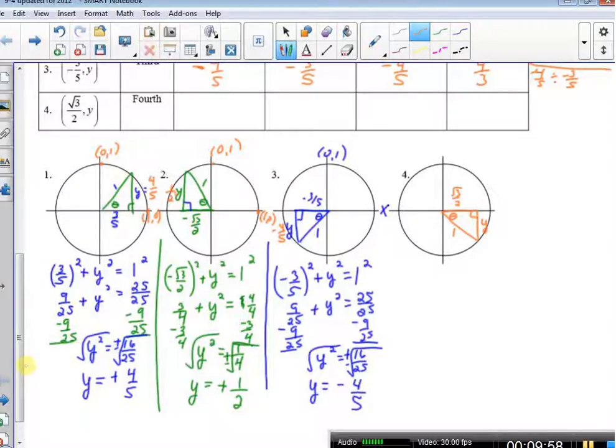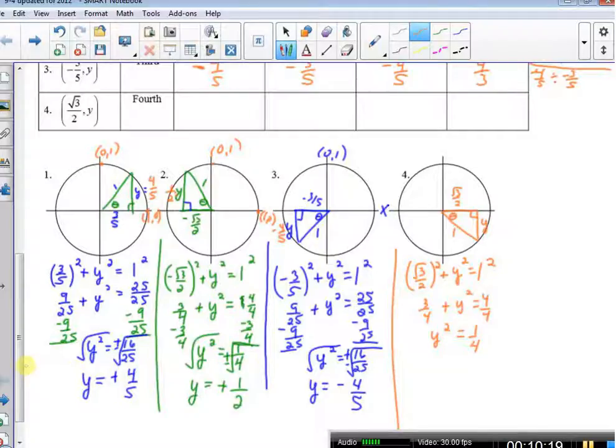And so looking for y, we're going to go with radical 3 over 2 squared plus y squared equals 1 squared. So we get 3 over 4 plus y squared equals 1. I'm going to make that 4 over 4. Subtract 3/4, and you'd get 1/4 again, same as we got on the other one.